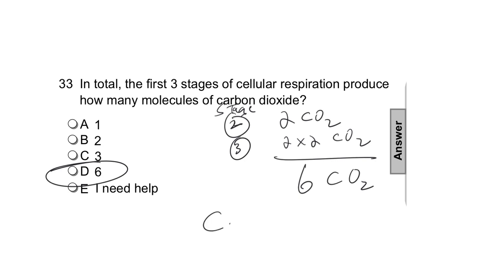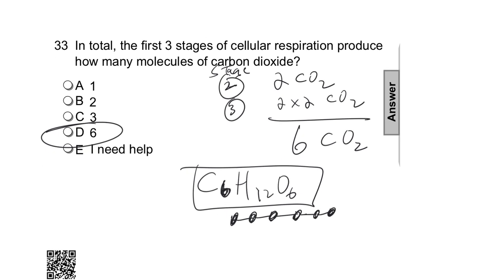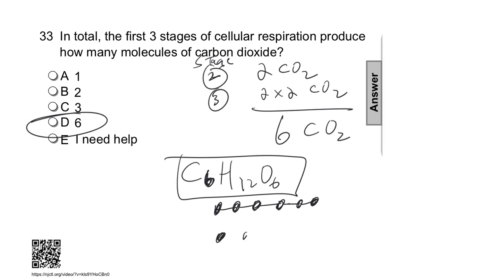That's kind of easy to remember because the whole point of respiration is to break the glucose up. So basically what you're doing is taking the 6-carbon sugar glucose and breaking it up into 6 carbon dioxide molecules.